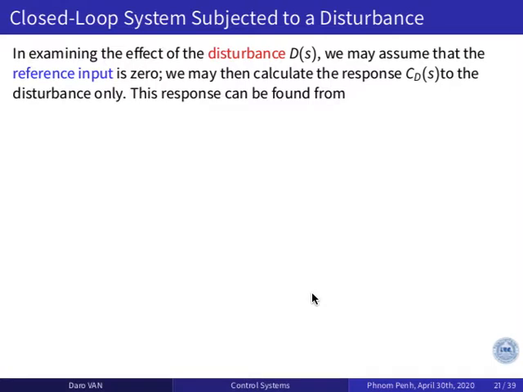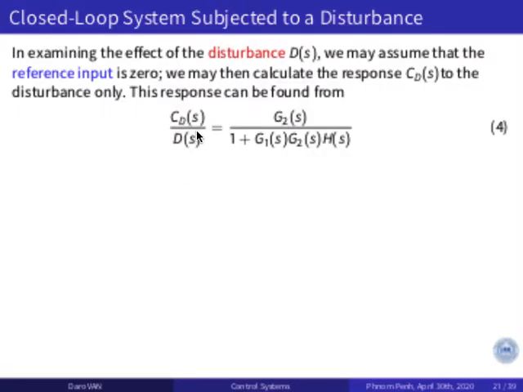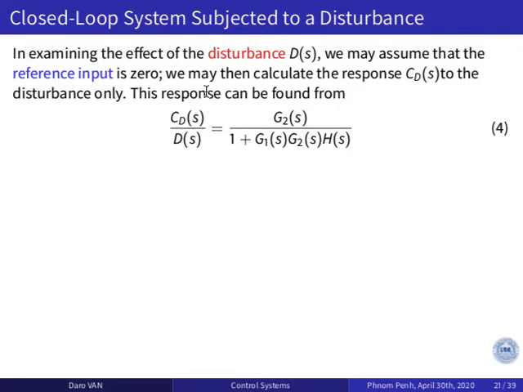In the closed loop system subjected to disturbance, if we want to examine the effect of the disturbance, we may assume that the reference input is zero. Then we calculate the response C_D(s) that only considers the disturbance, not the reference input. The response can be found in this equation.